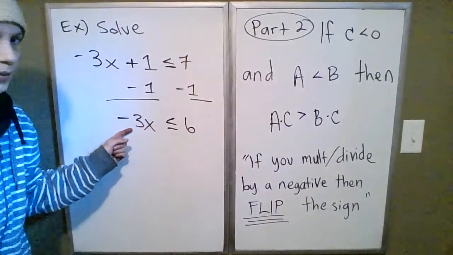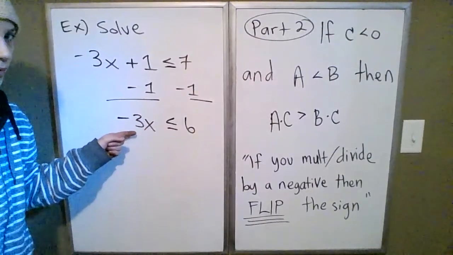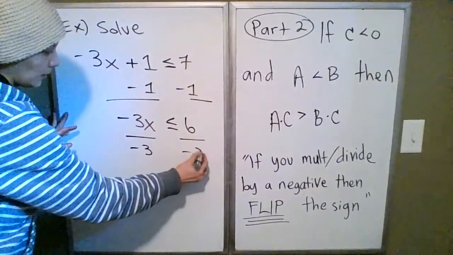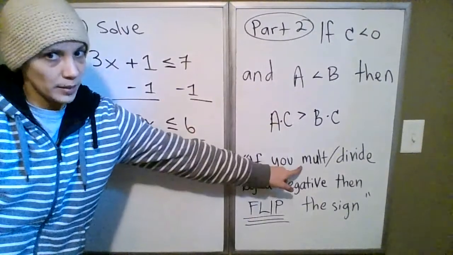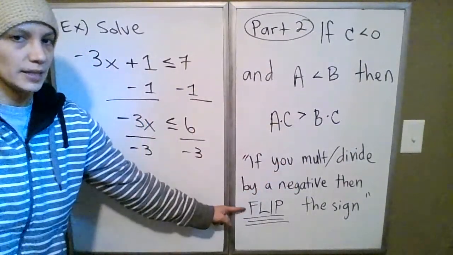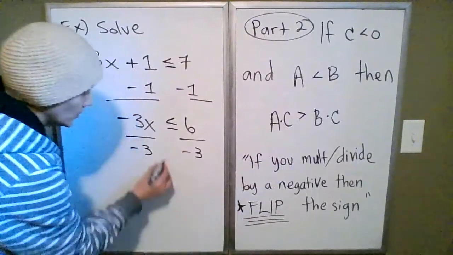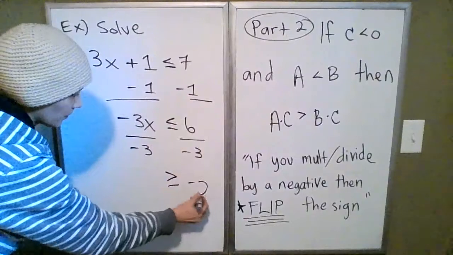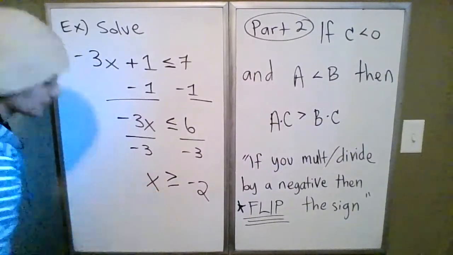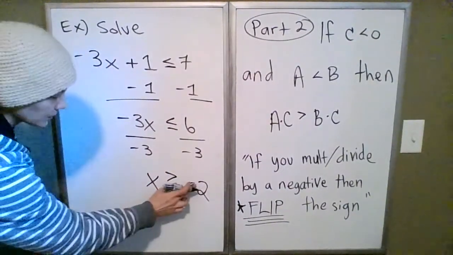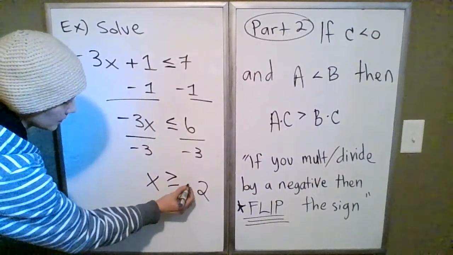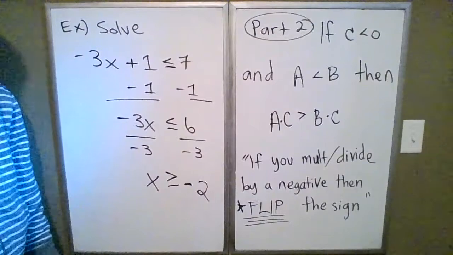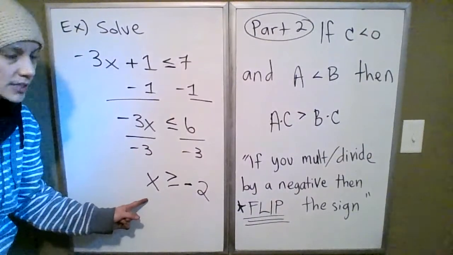Okay, now what I want to do is divide both sides by -3. If you ever multiply or divide by a negative number, you have to flip the sign. So flip this around. Here, this is -2. And here we've gotten x. All right, while we're here, let's draw this graph and find the solution set.